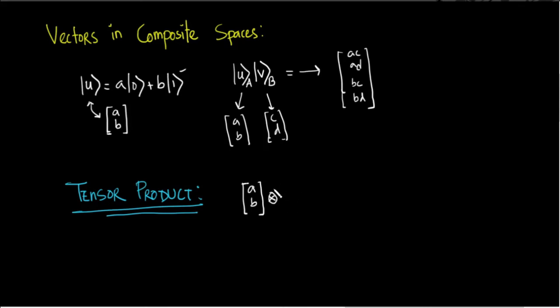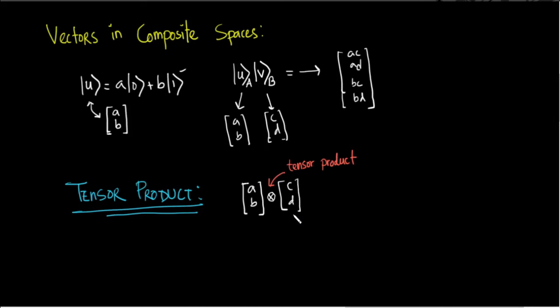We denote tensor product in this fashion: a circle with a cross inside the circle. This denotes tensor product. So we want to form the tensor product of AB with CD.